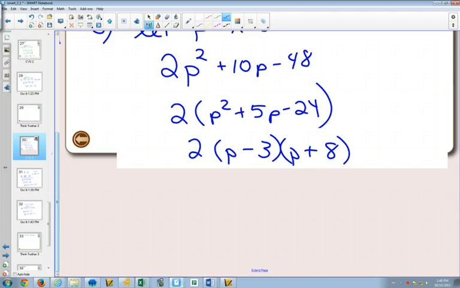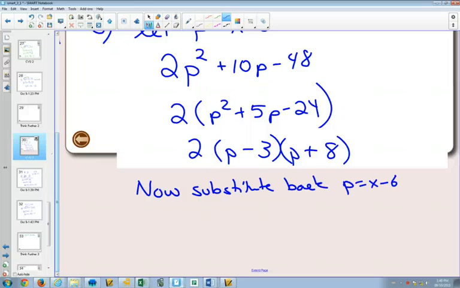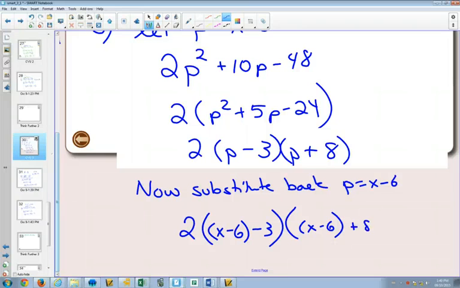Now that we've substituted the P in for X minus 6, now substitute back. Because we started by making P equal to X minus 6. So now wherever there's a P, we're going to write X minus 6 again. So that would look like that for that P, and X minus 6 back in for that one.